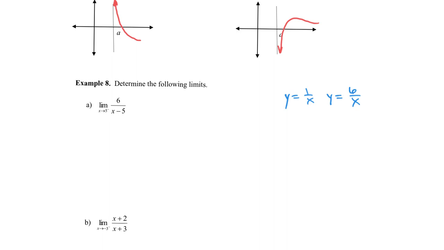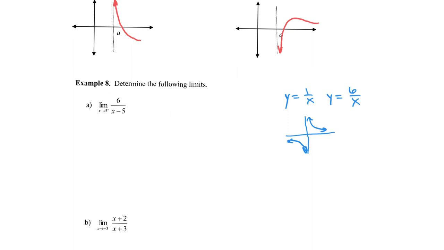So we know basically the graph of 1 over x does something like this. The graph of 6 over x is going to be similar, right? Everything will be multiplied by 6, but it's going to have the same shape. And then this is going to move this thing over 5 units to the right.